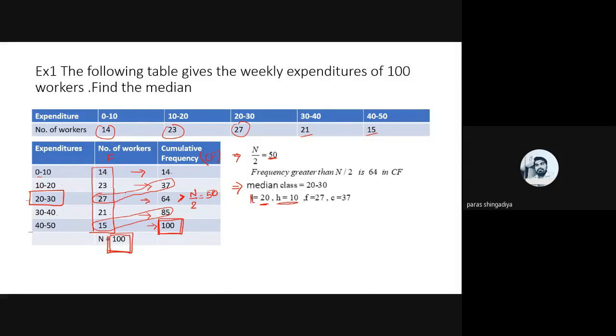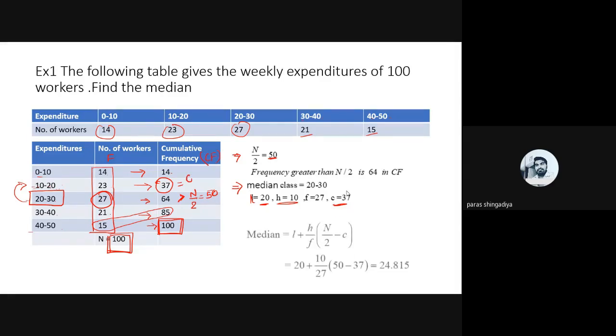The frequency of the median class is equal to 27. Now for C, it is the CF of the class preceding the median class, that is 10 to 20, and the value of CF for 10 to 20 is 37. Clear? So C is equal to 37.